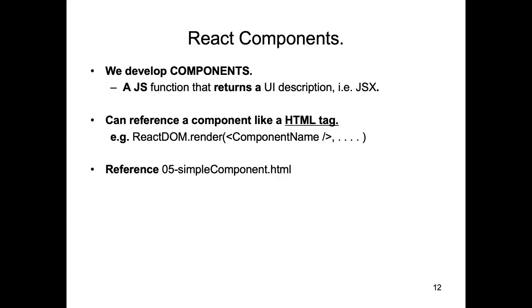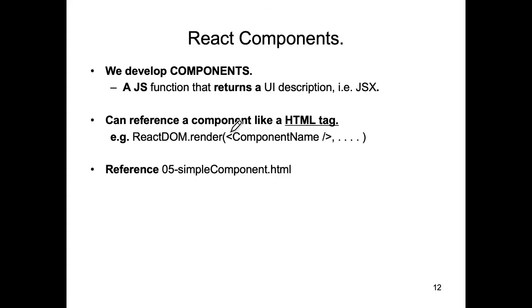And what's nice is that you could think of React as a way of extending the syntax of HTML itself, because when we implement a component, and we haven't implemented one so far, we can refer to these components in the rest of our code. For example, if we want to pass a component to the ReactDOM.render, we can refer to it as if the component is an actual HTML element.